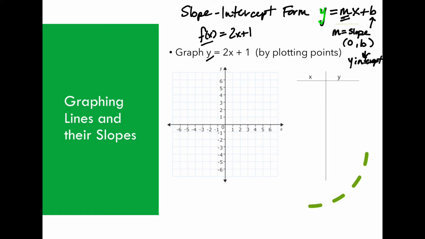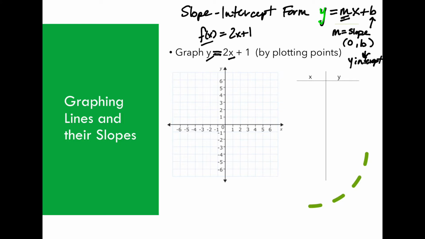But we're looking for pairs, x's and y's, that match up to give me something that's equal, where the left-hand side is equal to the right-hand side. And so with a two-variable equation, generally there are an infinite number of solutions. We just have to find a couple of them. For lines specifically, we have to find at least two solutions.